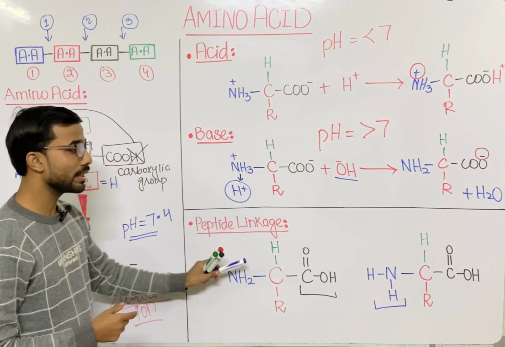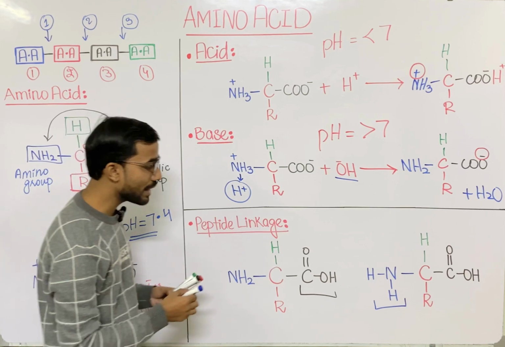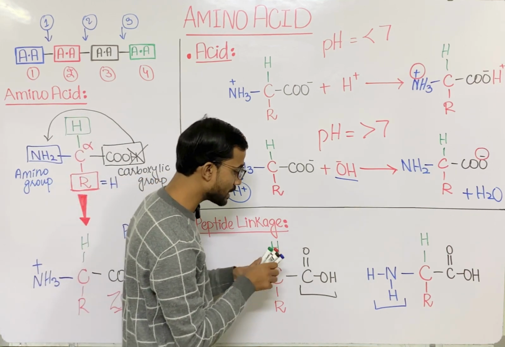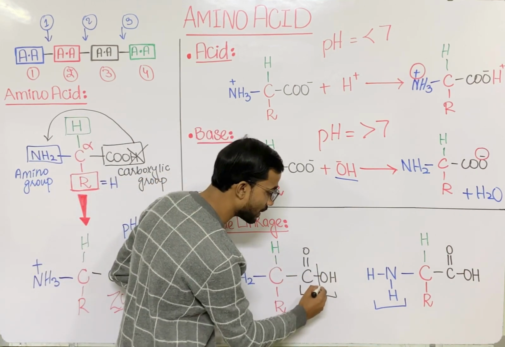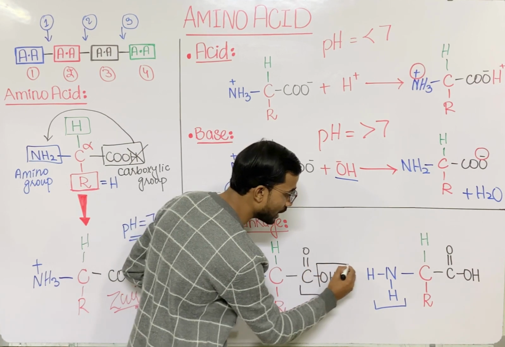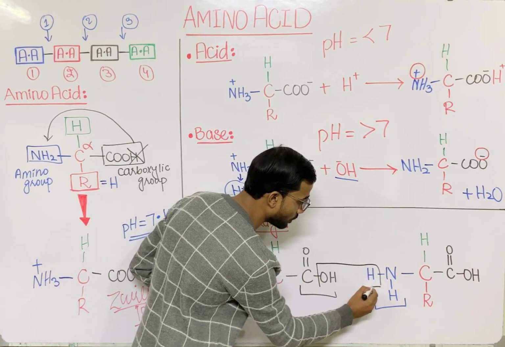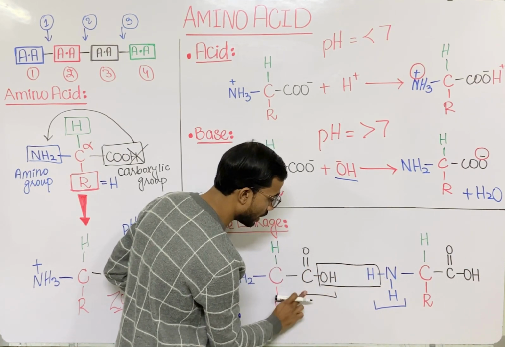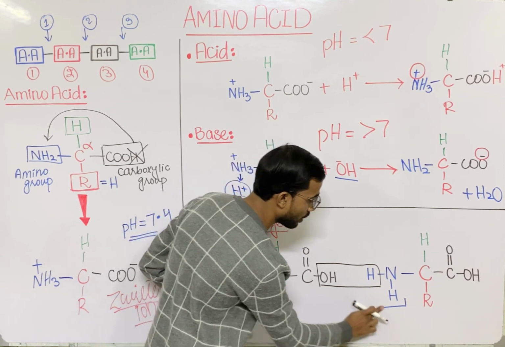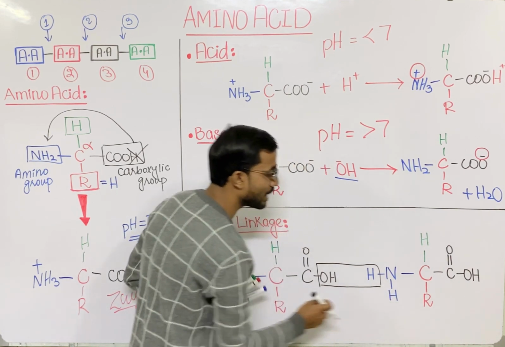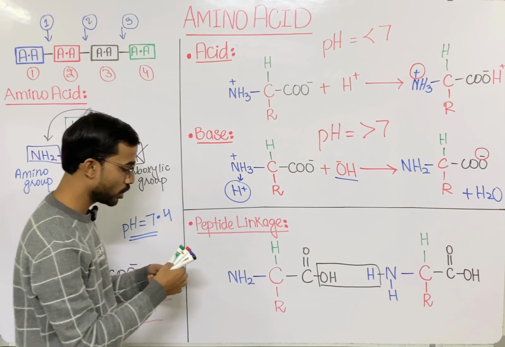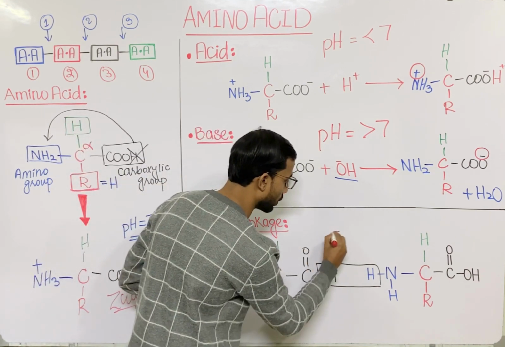The other structure will remain the same. Now the OH group from the carboxylic group and the hydrogen atom from the amino group will react between them, and ultimately you will see the release of a water molecule.